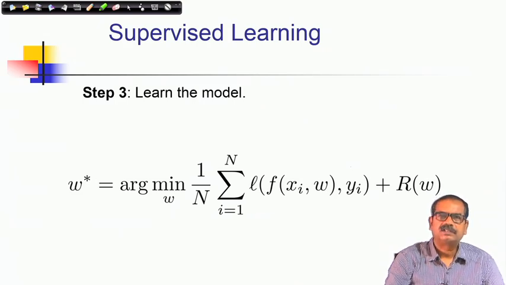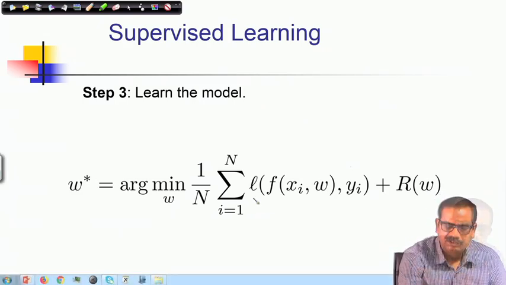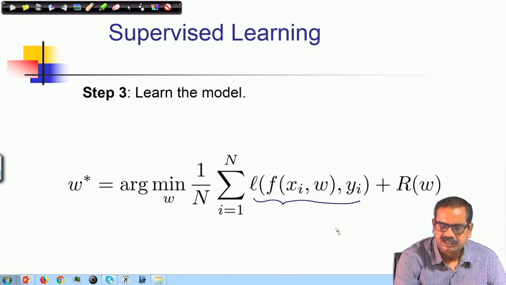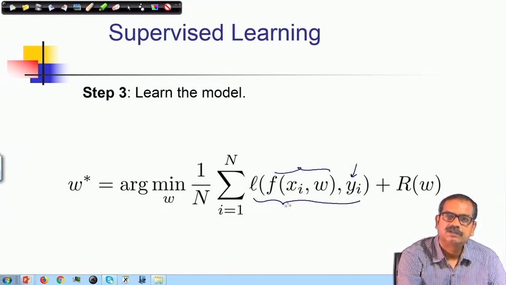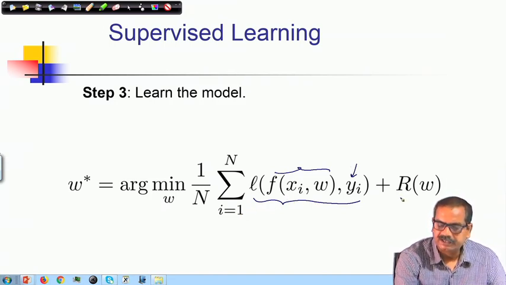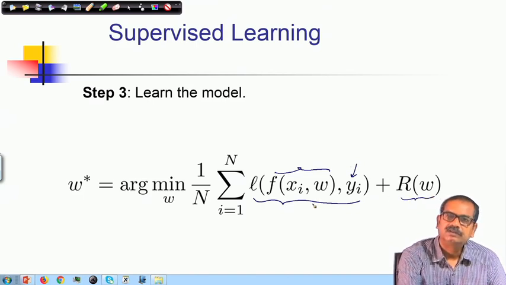This is represented here by this notation. So, this is a loss function. What is the predicted output and what is the ground truth? Depending upon these, the loss function is defined, and for a set of training samples you accumulate these losses. And this is a regularization term, because your model should not be too complex.